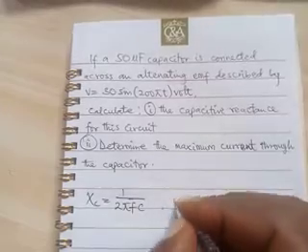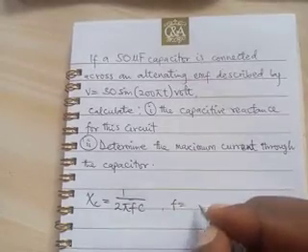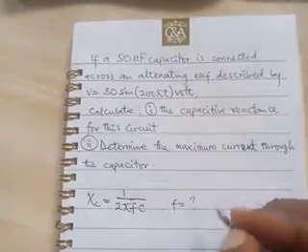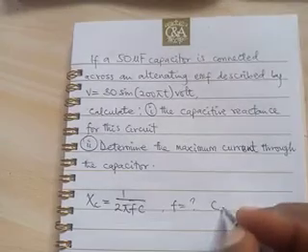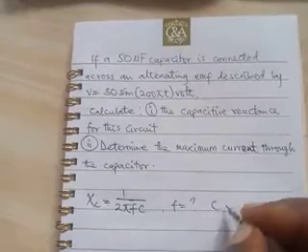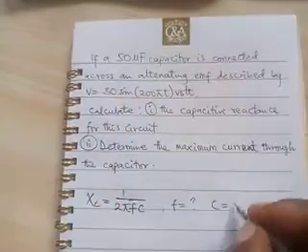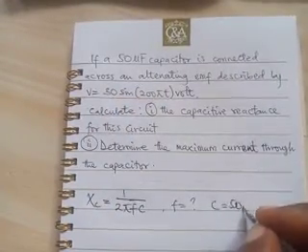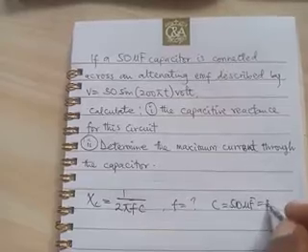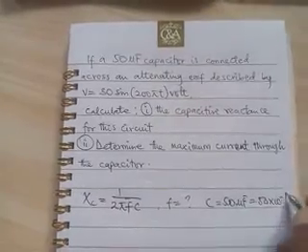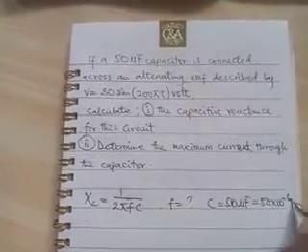Now f is frequency, they did not give it to us. C is capacitance, which they gave to us to be 50 microfarad, which is 50 times 10 raised to power minus 6 farad.